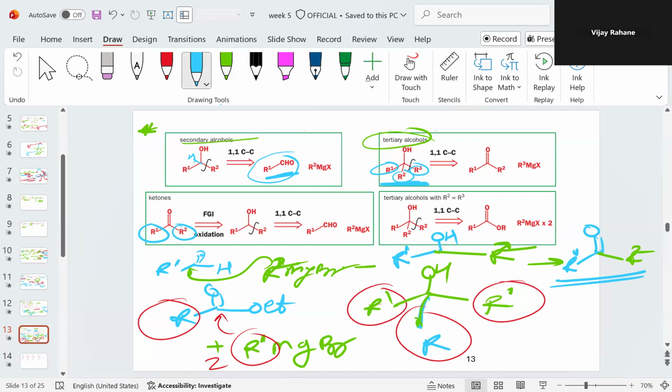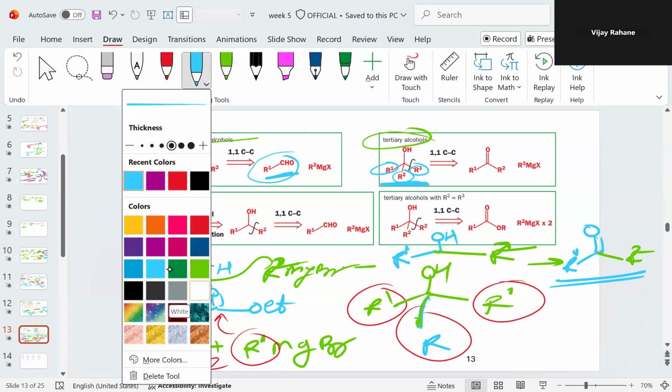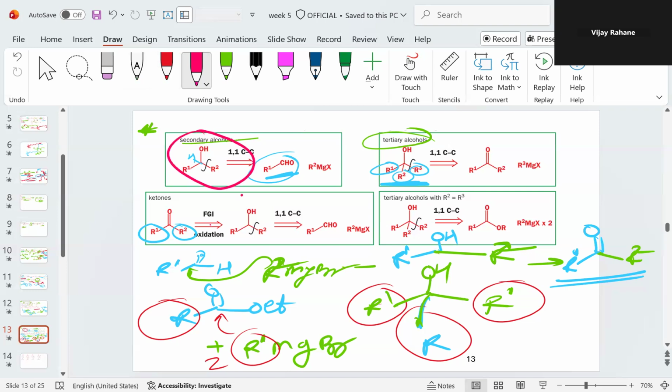Here I will just summarize again. Better to use some different color, maybe this one. If you want to have this type of alcohol, or if you want the secondary alcohol, we can directly use the aldehyde and the Grignard reagent, depending upon our R1 and R2, that sort of Grignard we can use.